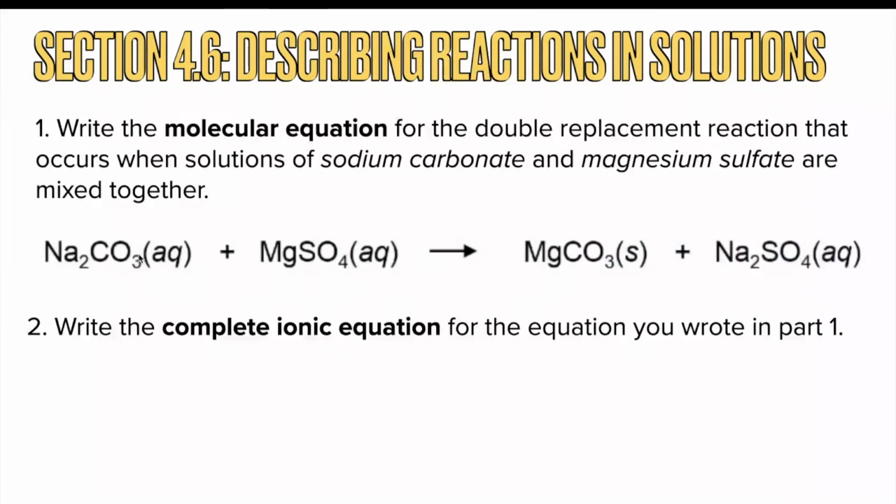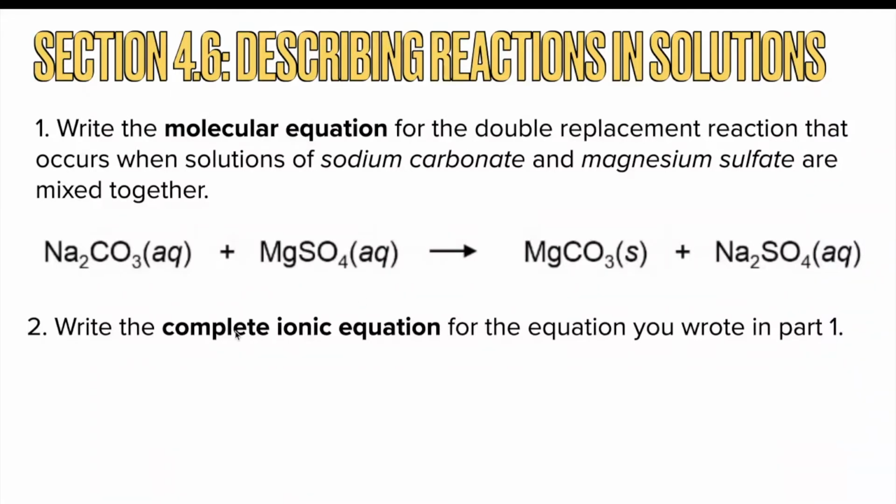So that would look something like this. So why do I know this is aqueous? Well, sodium has to be. It's an alkali metal, and it's basically rule number 2. So alkali metals are aqueous. Magnesium carbonate, on the other hand, carbonates are generally speaking insoluble, so that's going to form a solid.